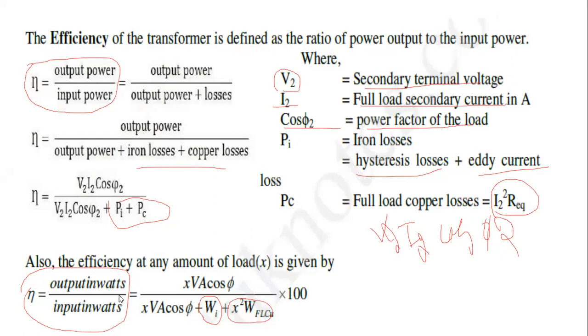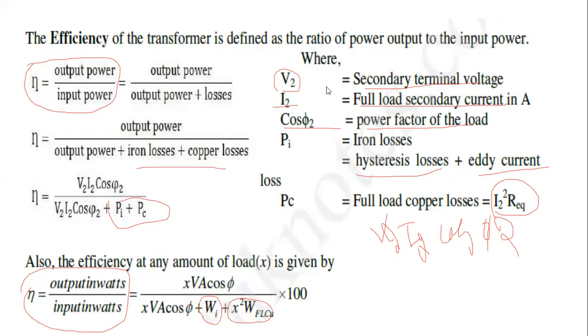Efficiency is output by input, that is x VA cos phi, multiplying with x in numerator and denominator, x VA cos phi by x VA cos phi plus iron losses Wi plus copper losses x square W copper losses.